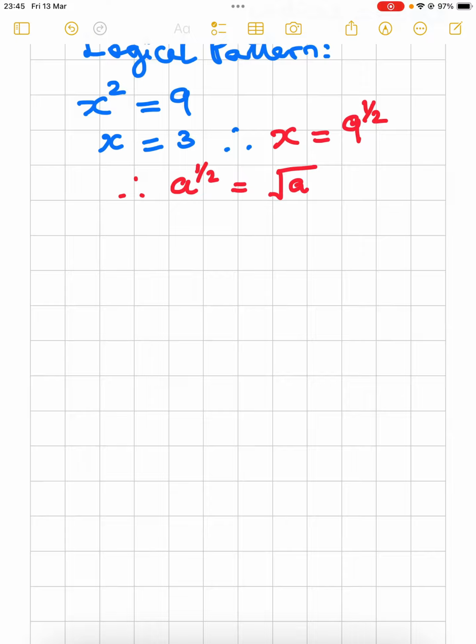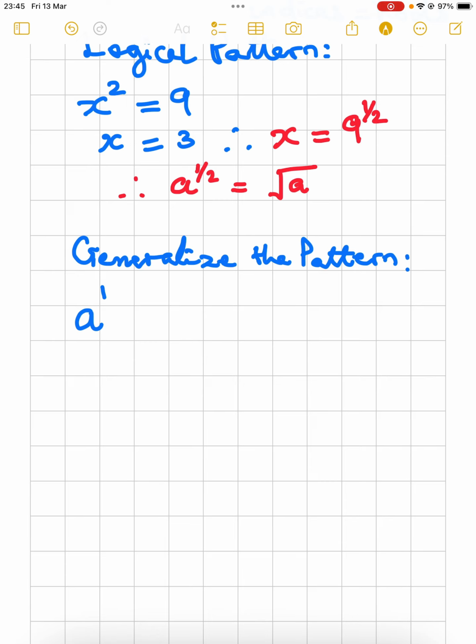Now let's generalize the pattern. Consider a raised to power 1 over 3.